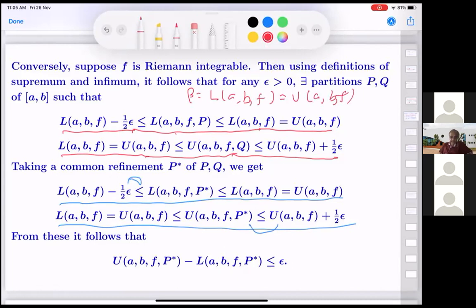Then this quantity, beta minus half epsilon, is less than or equal to LF at P star, and UF at P star is less than or equal to beta plus half epsilon. So the distance between LF at P star and UF at P star is at most epsilon. That's all. Yeah, got it, sir. Yeah, thank you.